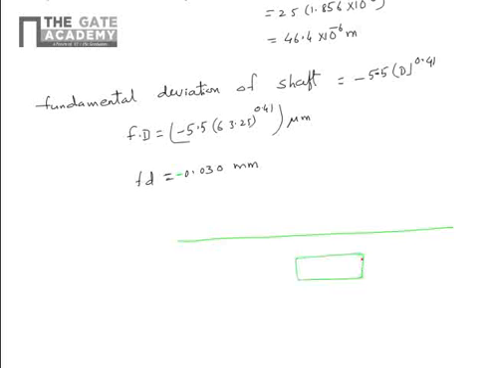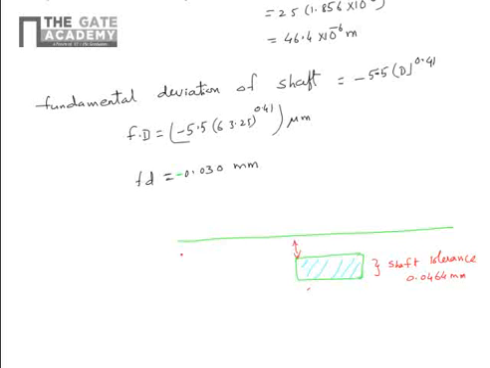So this is the data we have only related to shaft. This is shaft tolerance. How much is that? 0.0464 mm. Next, this one is fundamental deviation of shaft, which is how much?